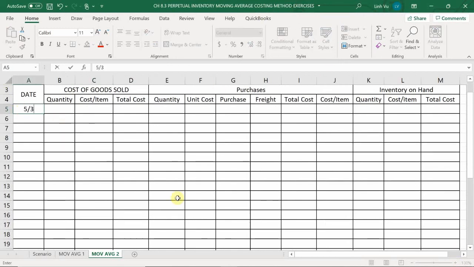So May 31st, you should have a total of 100 items, which equaled 373.07. Remember, you need to keep your formula in the cost per item section because you're constantly calculating the average cost per item. So you should still get the same answer of 373.07.